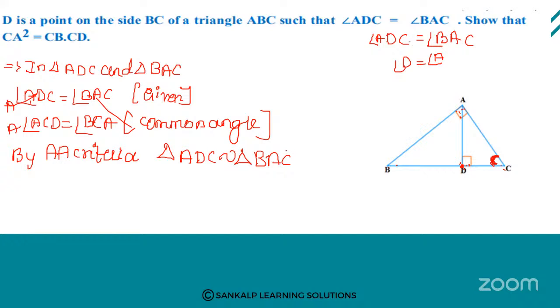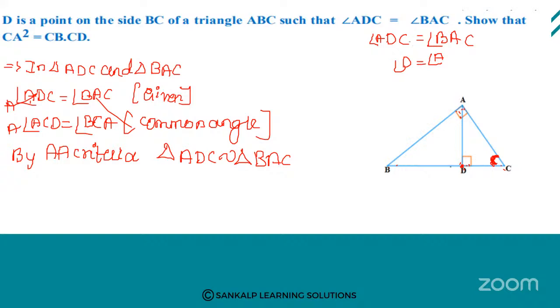Next. If two triangles are similar, then corresponding sides of similar triangles are in proportion. That property we know.